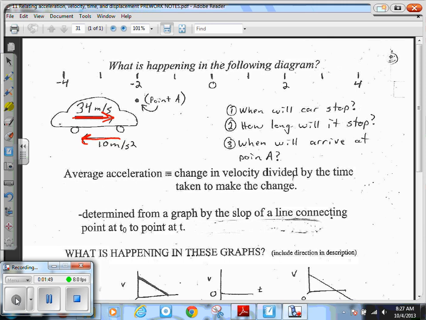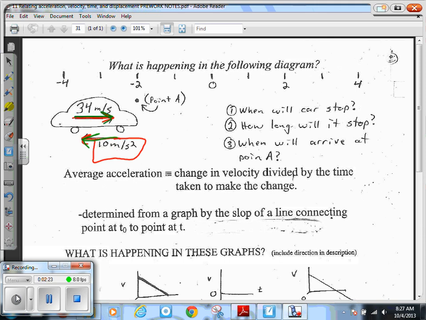Now, if you put this into one of your formulas, just the way it is, what's going to happen to your velocity? If you put it in as a positive number, it would show an increase in velocity, right? But why do we know it's not a positive number? Because it's in the opposite direction, which isn't backwards or forwards, up or down, but the opposite direction of the velocity.